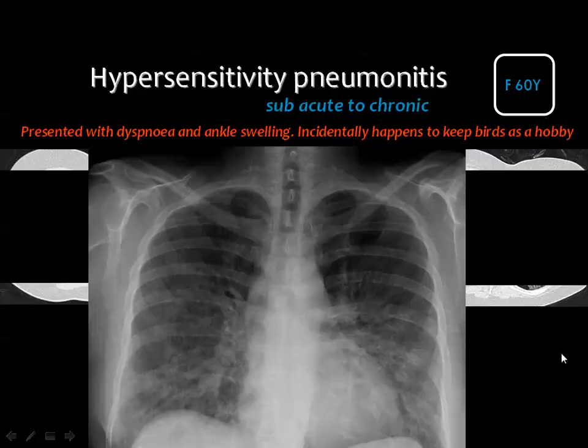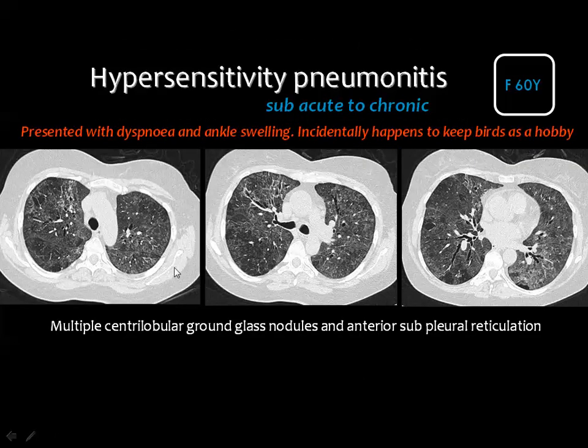Then on the high resolution CT, you can see the extensive ground glass opacities, but here you can easily appreciate the presence of traction bronchiectasis and also areas of air trap or emphysematous changes. If you do not know the history of this patient, the diagnosis will be non-specific interstitial pneumonia.